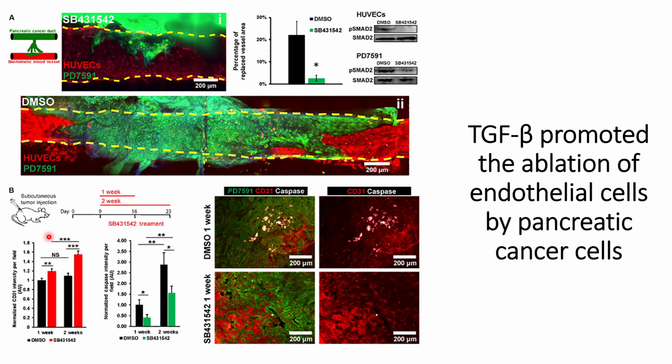They sacrificed the mice after 1 week and after 2 weeks in different populations of mice, and they can see that there is an increase in the endothelial cell density when the mice are treated with SB431542, both in the case of 1 week and 2 weeks, and I do not see too much increase in the proliferation of the endothelial cells between 1 week and 2 weeks.